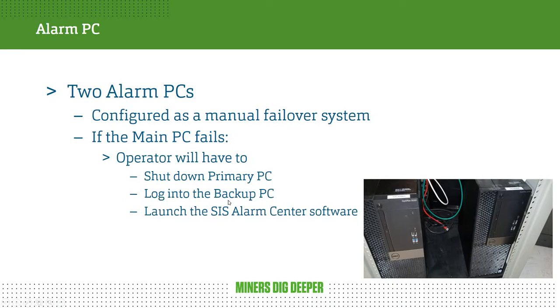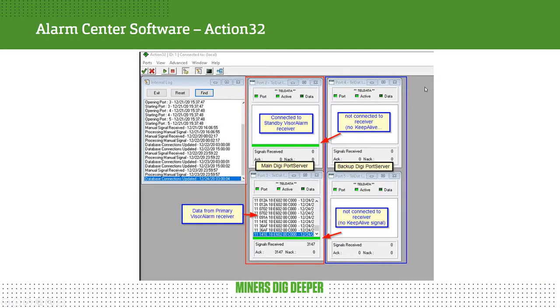Now let's talk a little bit about that Alarm Center software, and I want to show you some things that are important. You've probably seen these little windows on the screen from time to time when you're looking at the Alarm Center PC. These are the ports for the Digi PortServers.